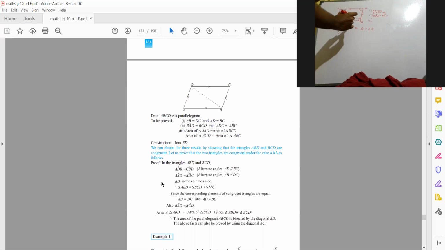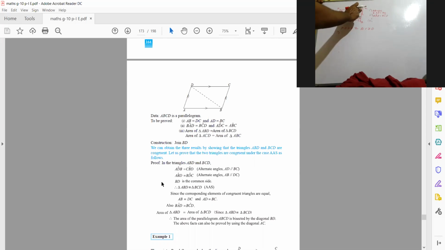Similarly, if you consider angles, the corresponding angle of this one in this triangle is this one. As those two are equal, therefore those two become equal because of the congruency. Similarly, you can see opposite angles are equal.